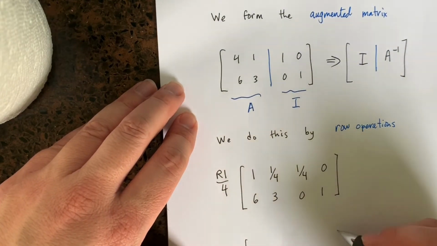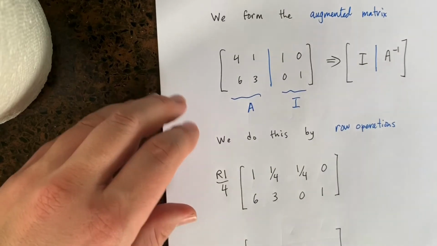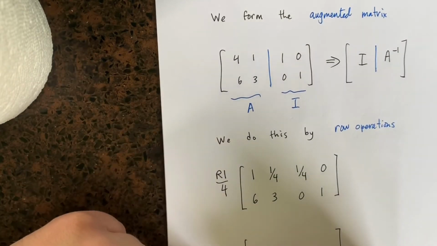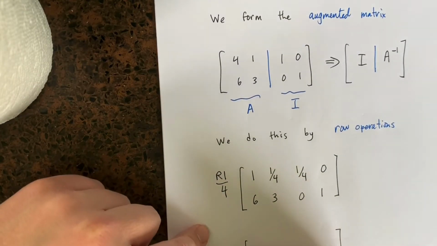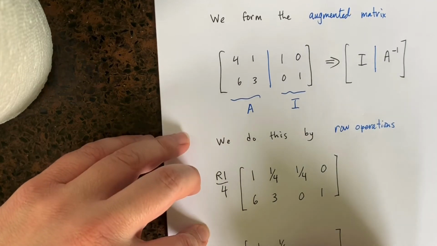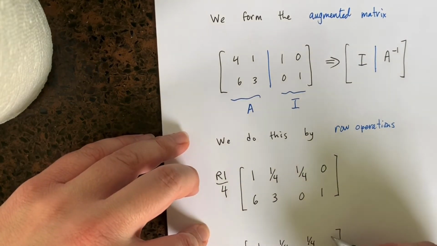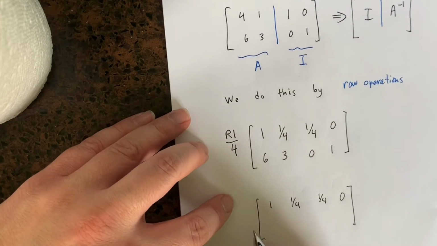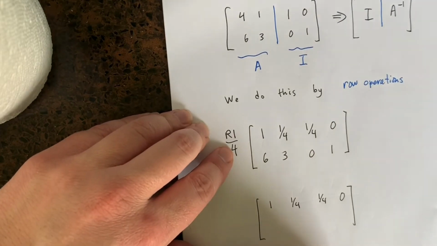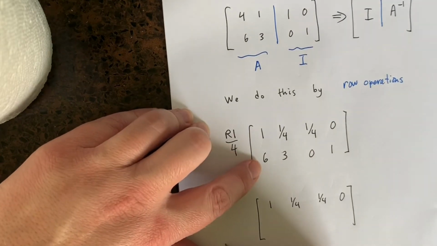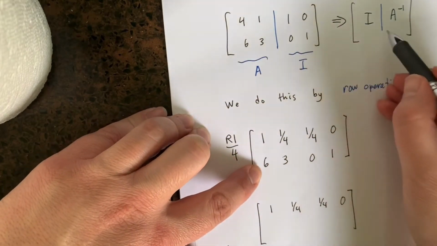We can also add a multiple of one row to a multiple of another row. So here's row 1 again. 1, 1/4, 1/4, 0. We can add a multiple of row 1. In this case, let's multiply by -6 because we want to make this the identity matrix.